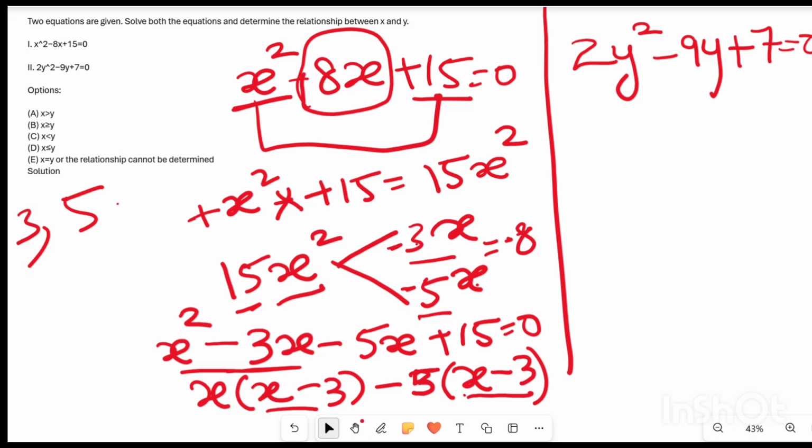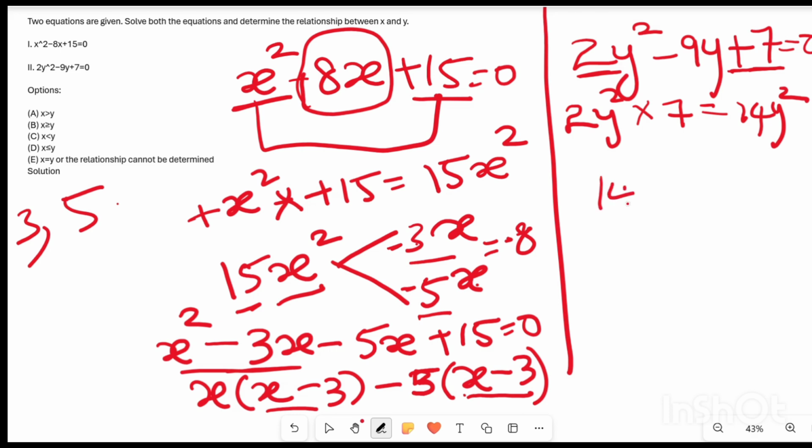And let's see the second equation. We have to consider the first and last term, 2y square into 7. And both are having plus sign, so that will become 14y square.